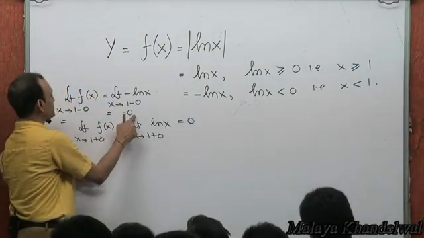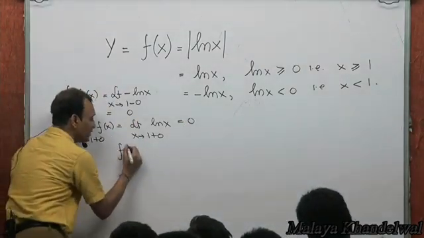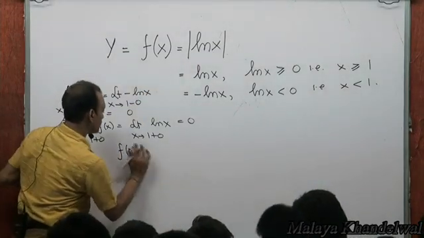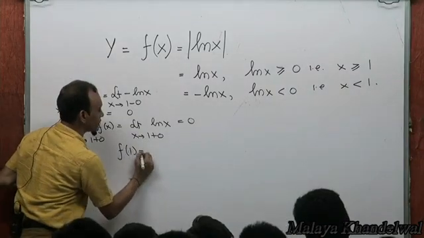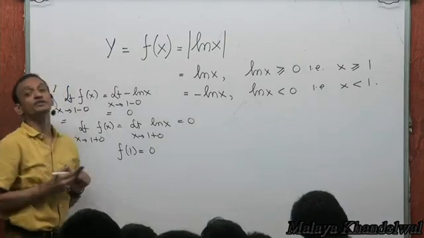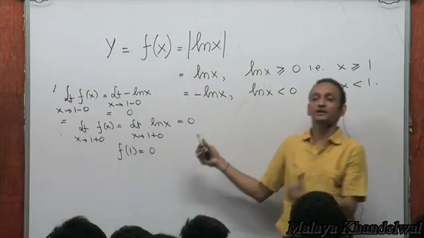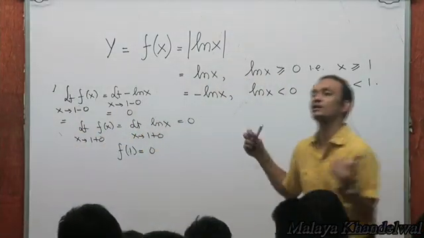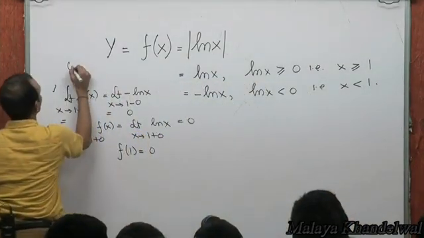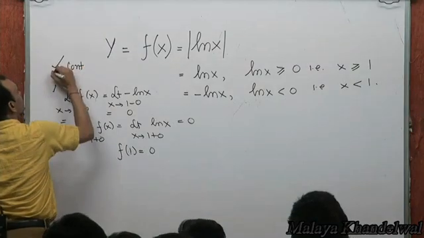So the left hand limit is 0, right hand limit is 0. The value of the function at x equal to 1 is also 0. Put x equal to 1. So the function is continuous at x equal to 1. Left hand limit at 1 is equal to the right hand limit at 1 is equal to the value of the function at x equal to 1. So continuous, all right. The function is indeed continuous.